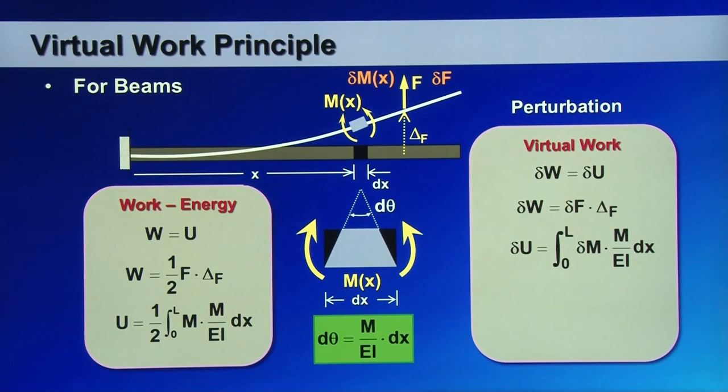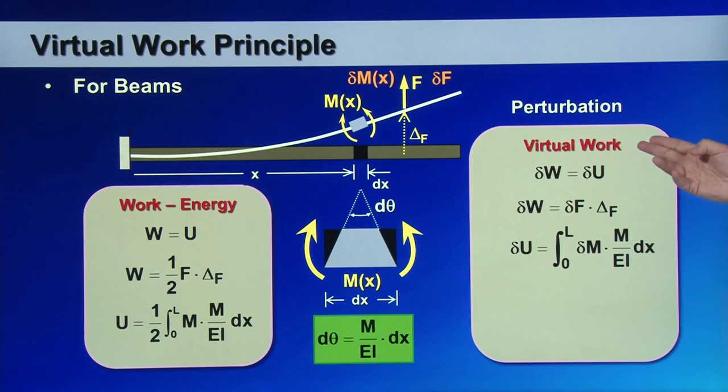While the virtual strain energy is the virtual bending moment times d theta, which is M over EI dx. So for the whole beam it will be the integration of delta M times M over EI dx.